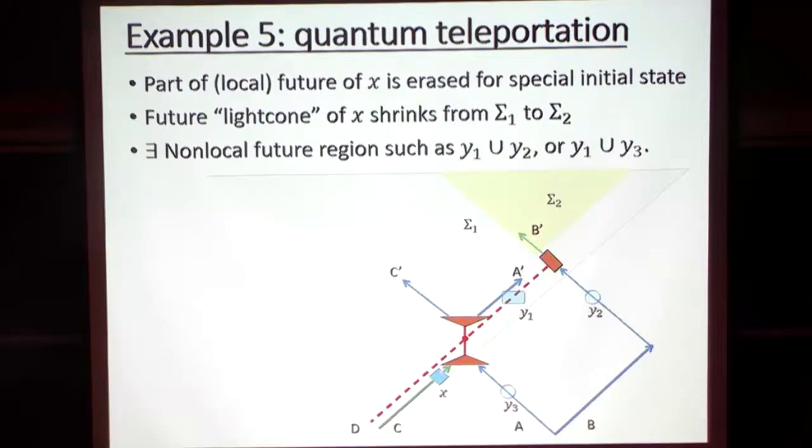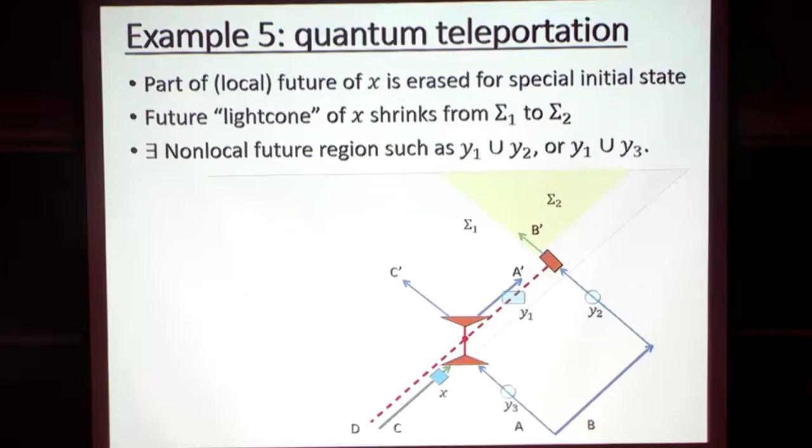Then if you think about a unitary applied to C right before the teleportation happens, of course it will not influence anything here because it teleports to there. It will only influence there because you change the state of C. So if you leave here, you don't know anything, but if you leave there, you see the influence of that. So the event X will only influence that smaller yellow light cone rather than the ordinary bigger light cone.